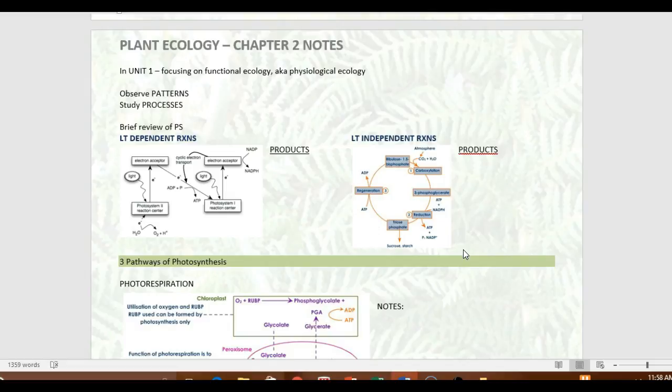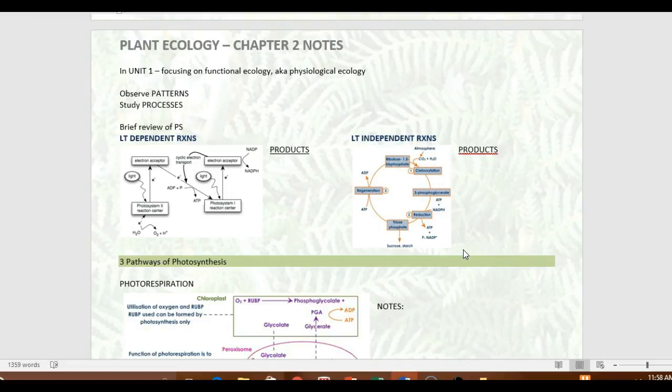Makes sense so far? Remember the Z scheme and all that? Okay, and then over here, this is all about the 3 stages of the light independent cycle. Let's get you guys talking and see how you do.